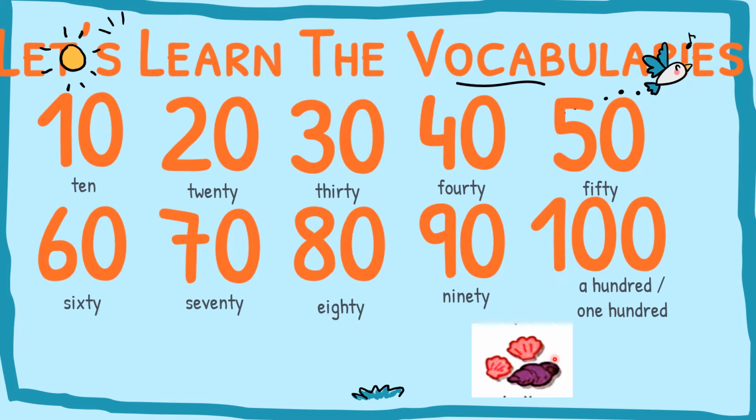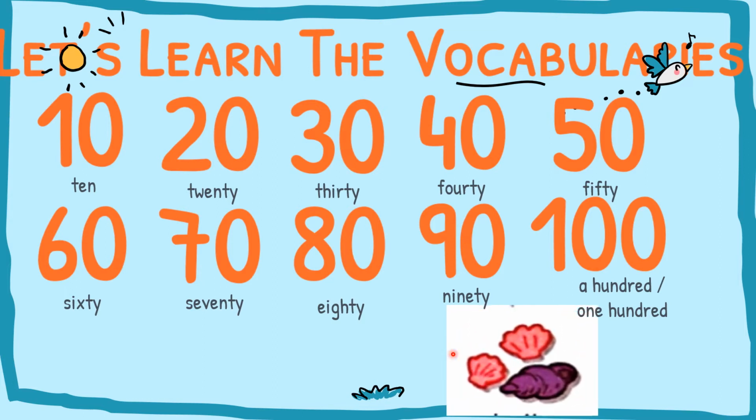The last one: can you see the picture down here? What is the picture? Can you guess? What are these? I think you know, we call them shells. Spell shells.